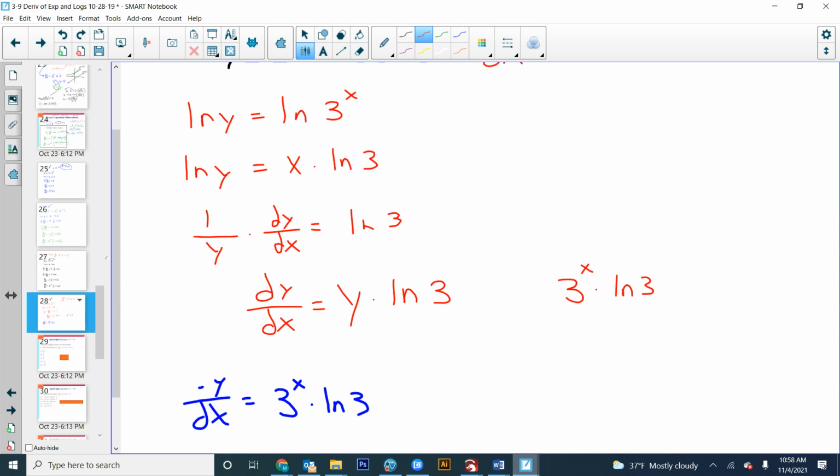But see, 1 over cosine of x times... When you go to take the derivative of ln of cosine of x, you're going to have to do 1 over cosine of x times the derivative of cosine of x. And if you forgot the derivative of cosine of x, you would not have known the d dx in that either. Follow me?